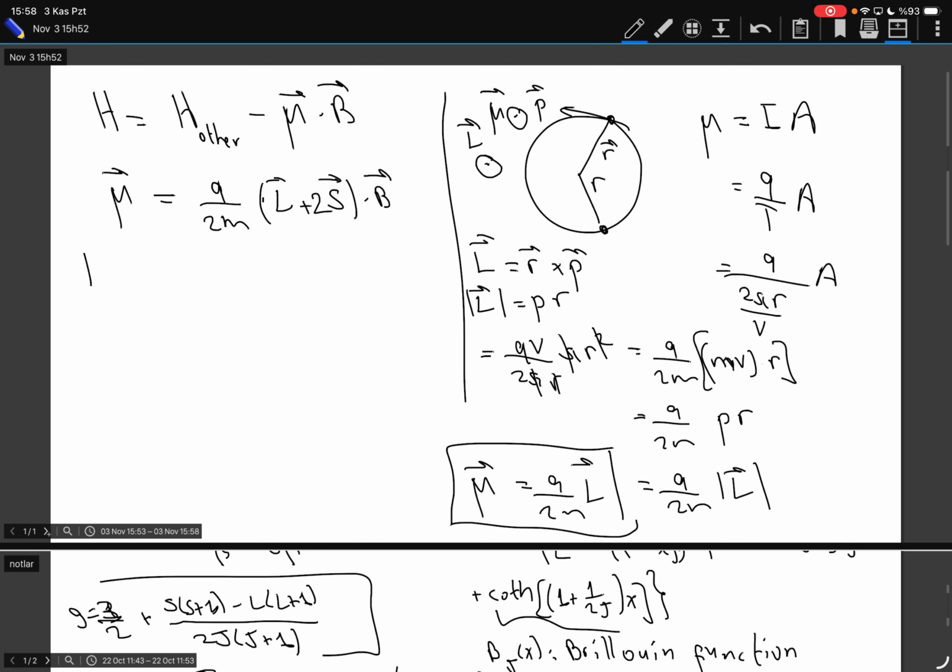So the magnetic part of our Hamiltonian is minus QB over 2m times Lz plus twice Sz, assuming B is equal to whatever magnitude it has in the Z direction.